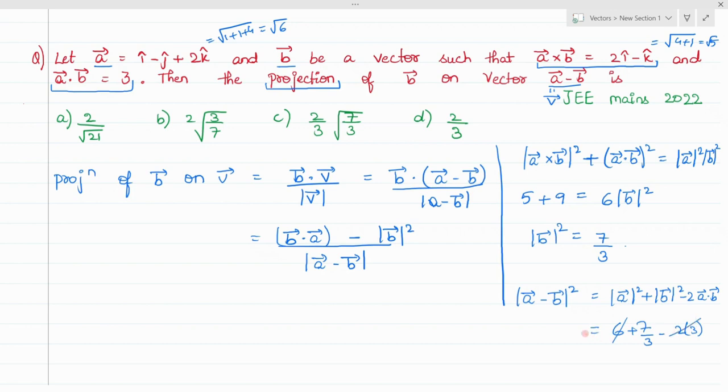Plus 6 minus 6 gets cancelled. Magnitude of A minus B becomes under root 7 by 3. Just substitute the values over here. A dot B is 3, this becomes 7 by 3, and the denominator is under root 7 by 3. It becomes 9 minus 7, 2, so 3 by 7. So the second option is the correct answer to this question.